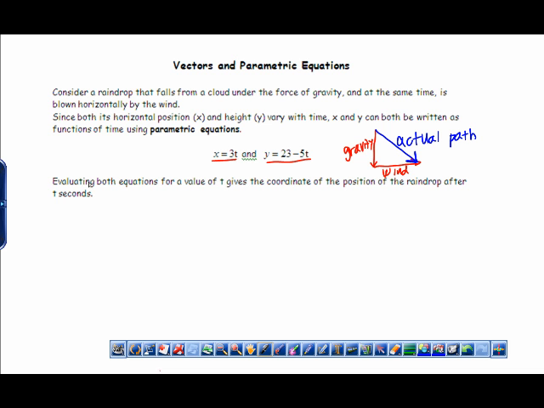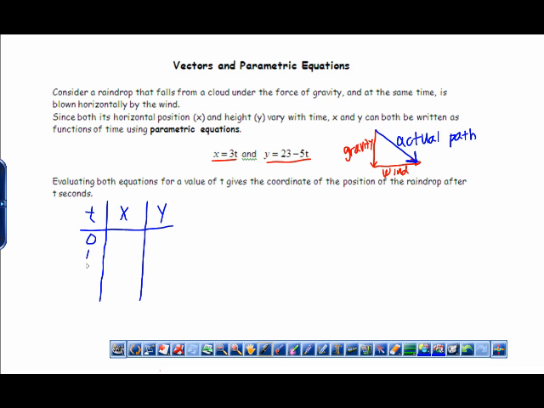So let's talk about how you would evaluate these. It's pretty much going to be what you think, but let's set up a t-chart. This is how you did variables in the very beginning. Now keep in mind that both x and y are both dependent upon t. So I'm going to set up some numbers for t.